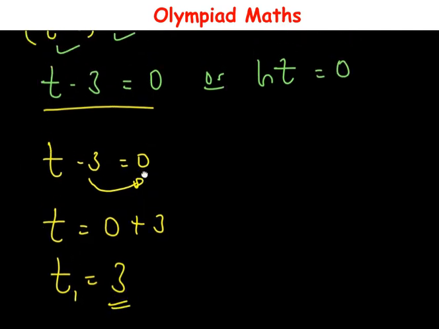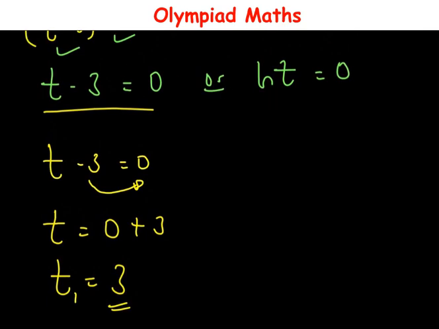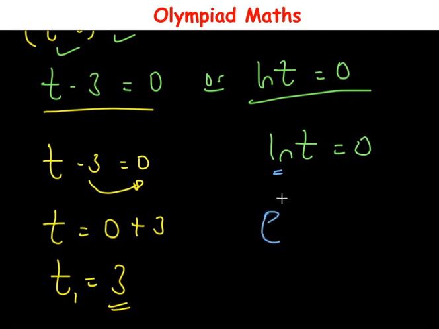But then the other value of t from this other equation right here, that we have ln t is equal to 0. To solve for t, we need to remove this ln from here, and to do so, introduce e. So e raised to power ln t is equal to e raised to power 0. With this, e will cancel ln, t is equal to e raised to power 0.